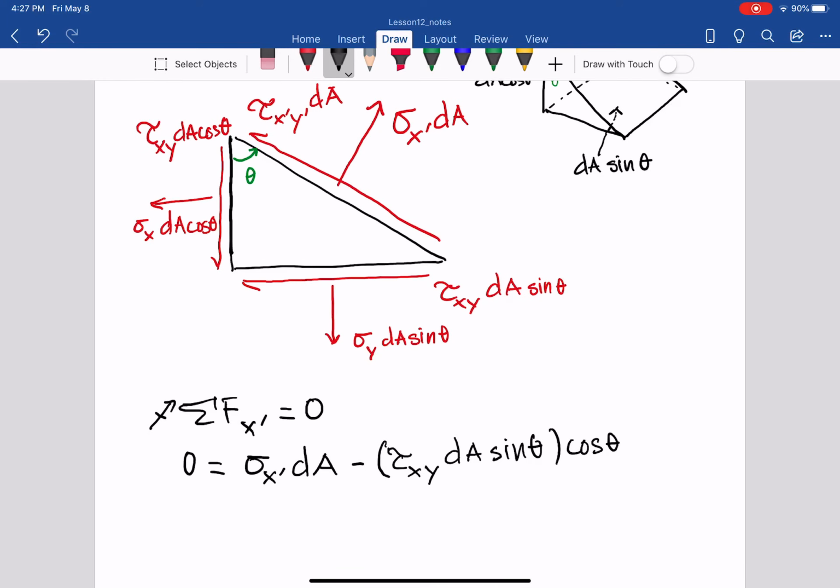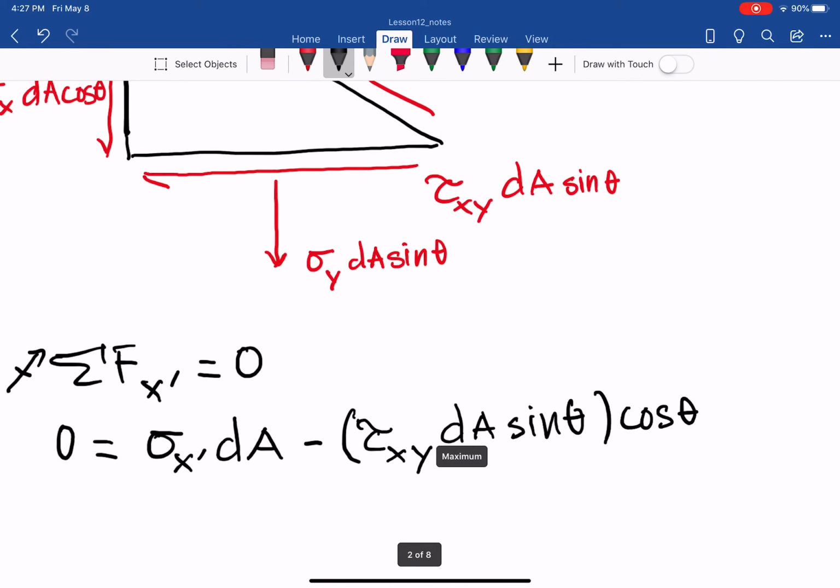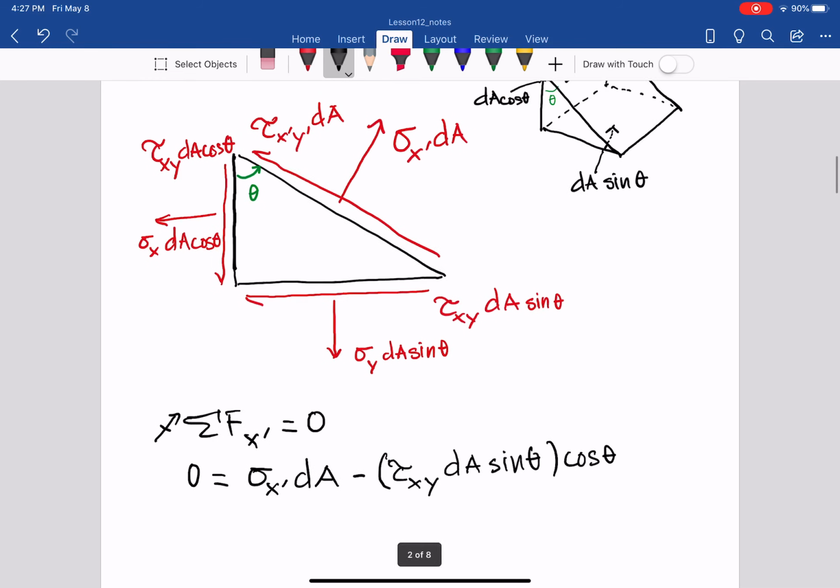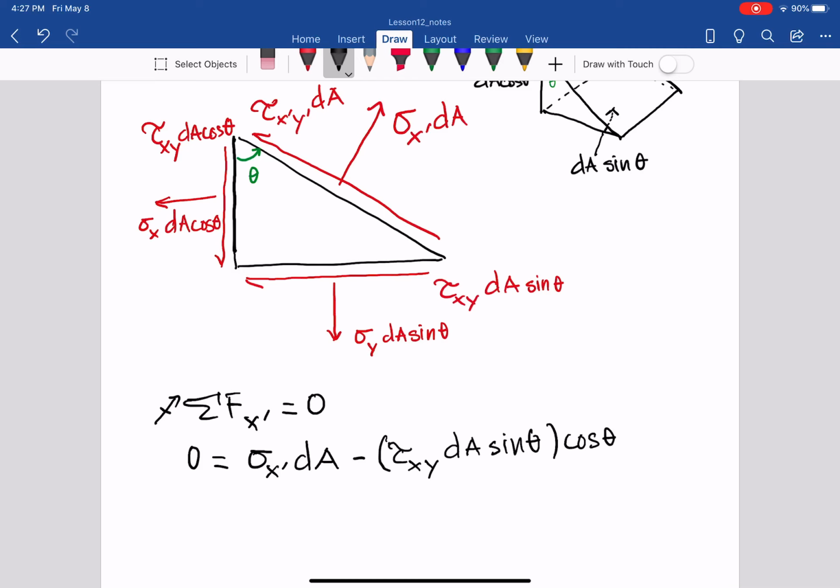The force, in parentheses, is the force at the bottom times cosine theta to get the component for the x apostrophe of the force. Similarly, let me write down the other one, you have sigma y dA sine theta, that is the force, and then sine theta to project that in x apostrophe direction.